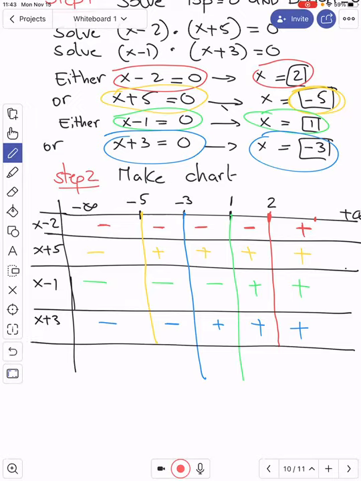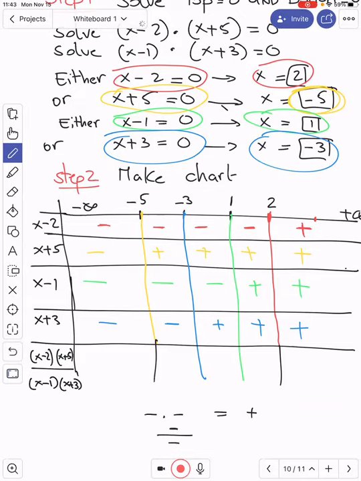So now what happens to the whole expression, right? It's x minus 2 times x plus 5 over x minus 1 times x plus 3. The good thing, guys, is that when you multiply negative by negative, of course, it would be positive. But that's the same thing when you divide, right?